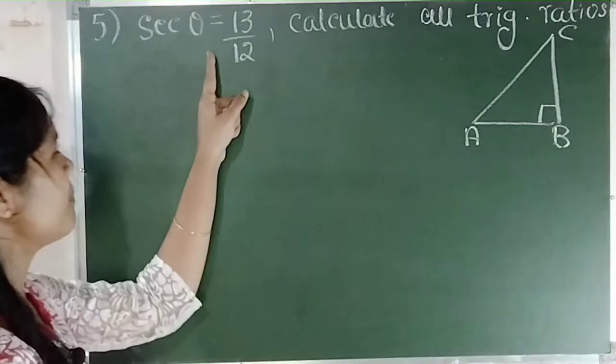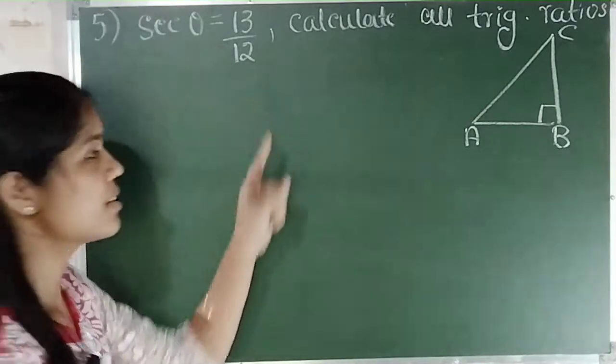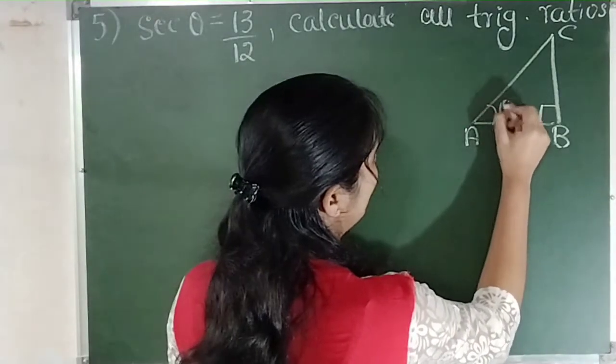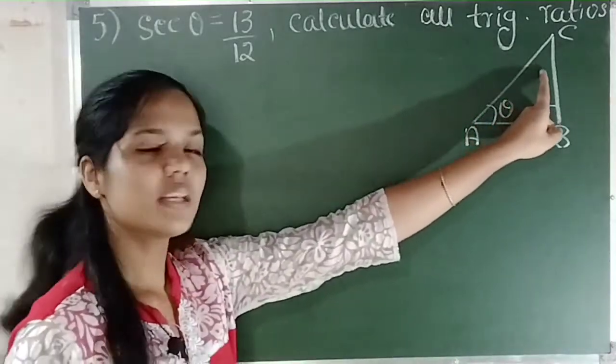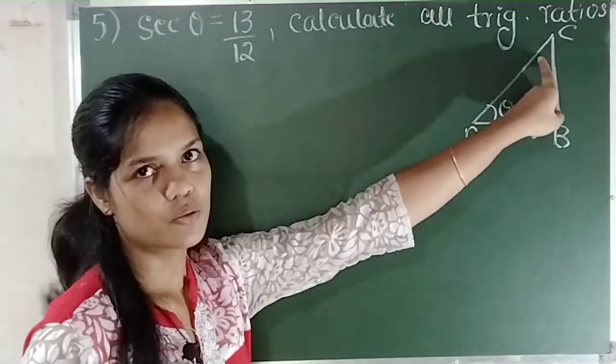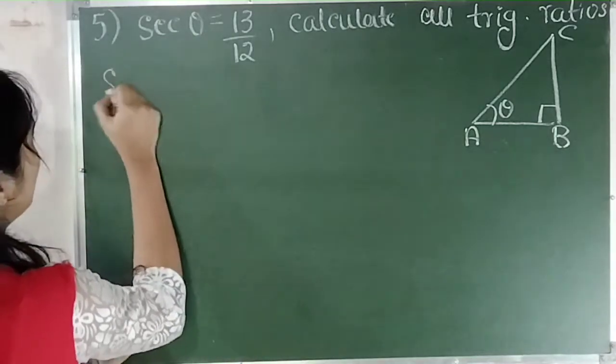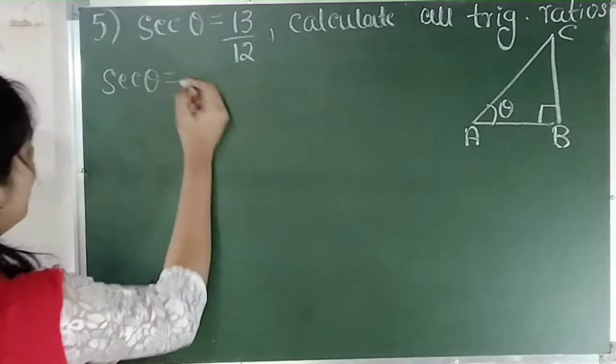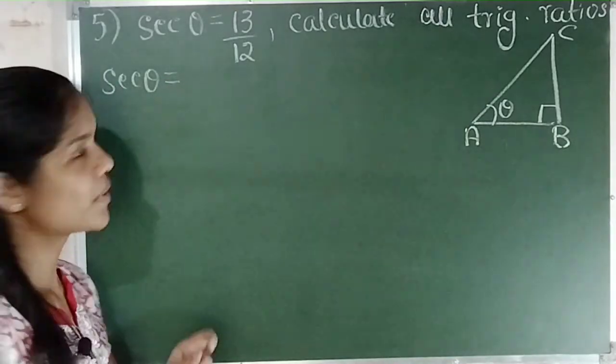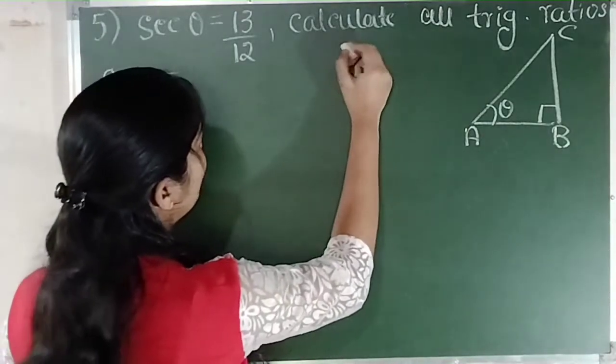Since they have not mentioned where the angle is, we can take anywhere. I will consider theta here. You can consider theta at C also because it is not mentioned. Now write the given condition secant theta. What is secant theta? Secant theta is just the reciprocal of cos.